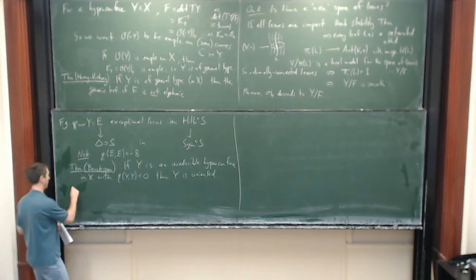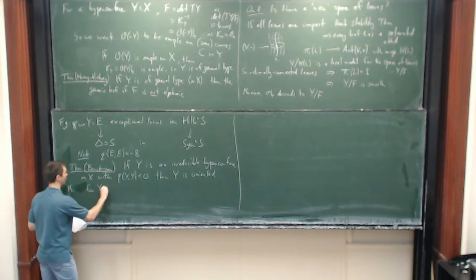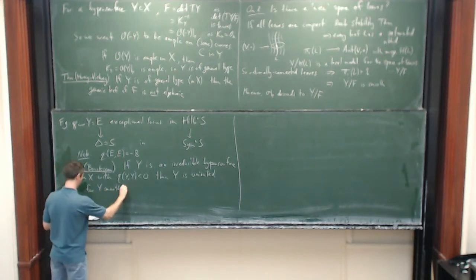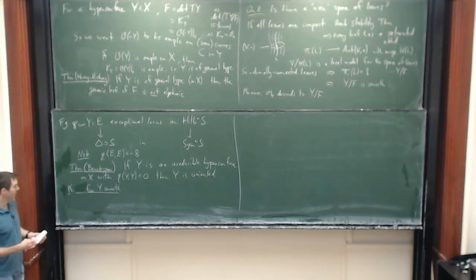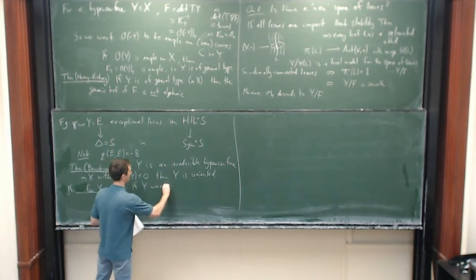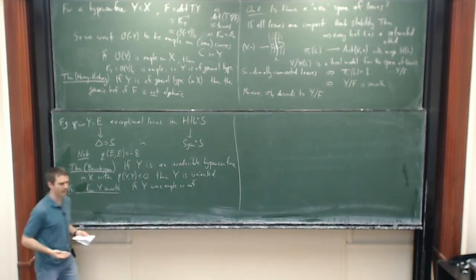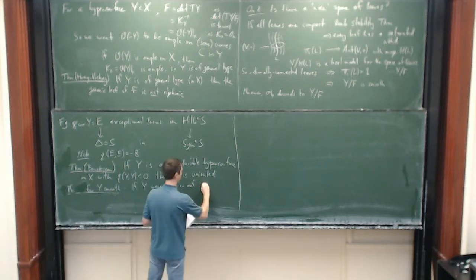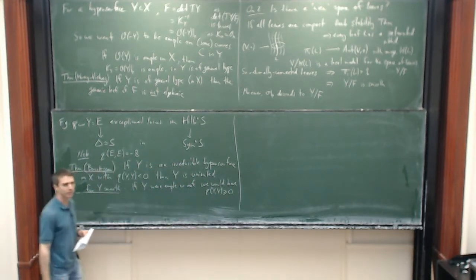But let's just see, if Y is smooth, so if Y were ample or nef, and if it's nef it's going to be a limit of ample things, then the Beauville-Bogomolov square would be positive, or at least non-negative.